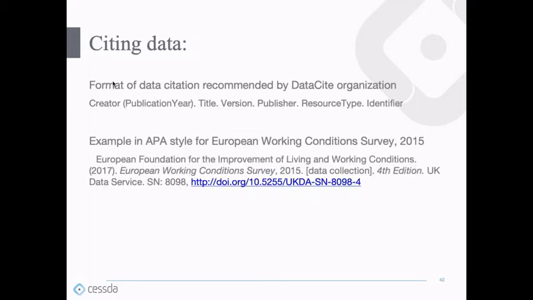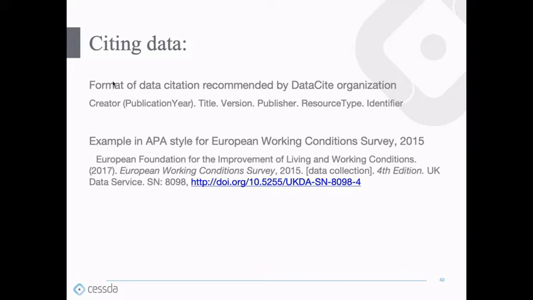And finally, let us say something about citing data. When you publish your research, you should always cite the dataset you have used. It is a matter of research ethics to acknowledge the work of other researchers. In the citation, always use the persistent identifier called DOI, or digital object identifier, if it's available.